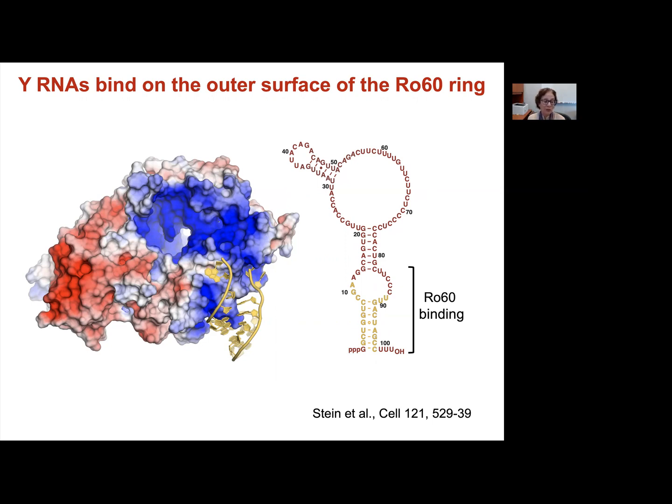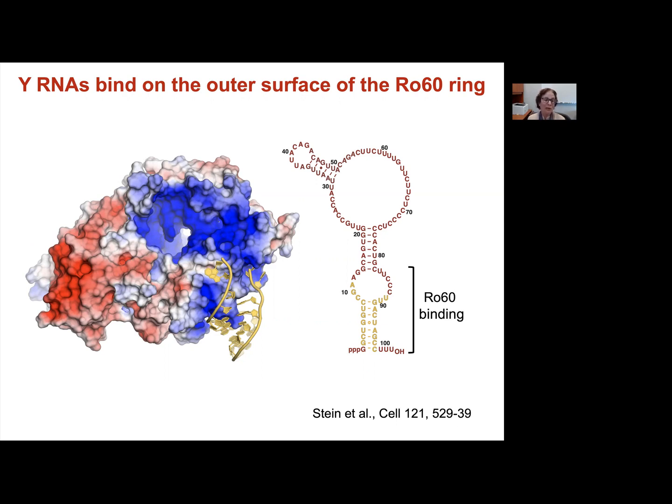Binding is highly sequence-specific, with invariant amino acids in Rho60 contacting invariant nucleotides in the Y-RNA stem. Our biochemical analyses supported a model in which the remainder of the Y-RNA contacts this basic platform adjacent to the stem, allowing it to act as a gate to regulate binding of other RNAs inside the Rho60 cavity.